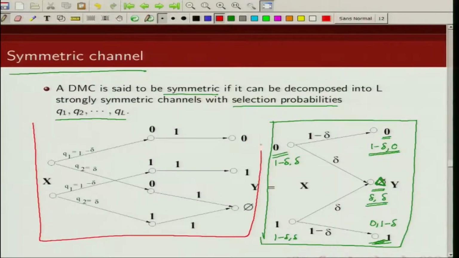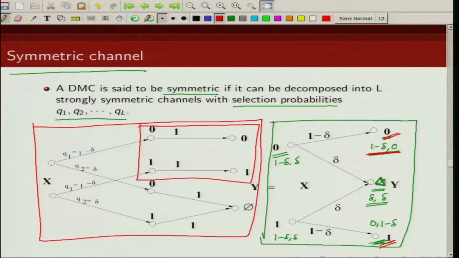So this is not a strongly symmetric channel, but it can be decomposed into strongly symmetric channels. Now look here. If you noticed, these outputs 0 and 1 have the same focusing, because these probabilities, when arranged in decreasing order, are 1 minus delta, 0, and 1 minus delta, 0. So I can decompose this into two channels. One is this channel corresponding to the outputs 0 and 1, and the other is corresponding to this particular output.